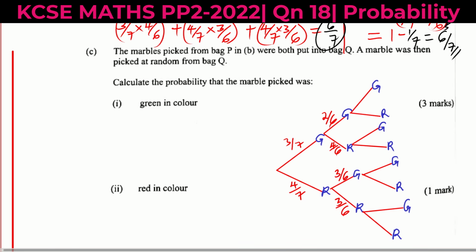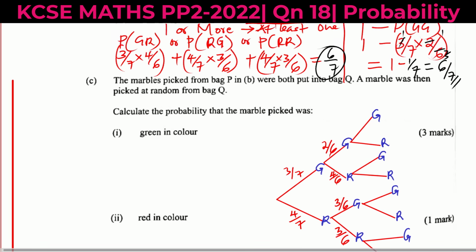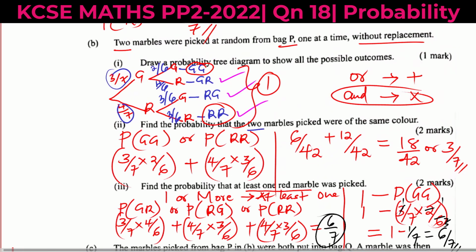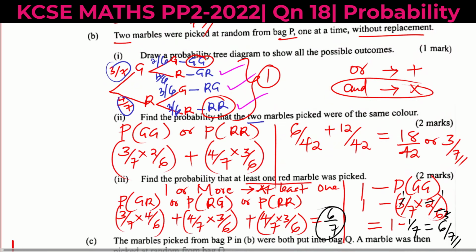Then I have begun by drawing a tree diagram, and in this tree diagram you can see there are 3 branches. The first 2 branches represent the marbles from bag P. Remember that these are the ones that we drew earlier on in part B1, the 2 marbles.